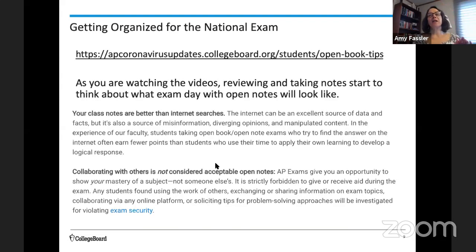Dr. Sowell and I are making sure we're providing the information for the review for you, so that you don't have to go out and look for it in any other source, where you're not really sure if that's good information or not. And this is very important. Collaborating with others is not considered acceptable open notes. And you really want to read about the criteria associated with exam security and the consequences for violating that.